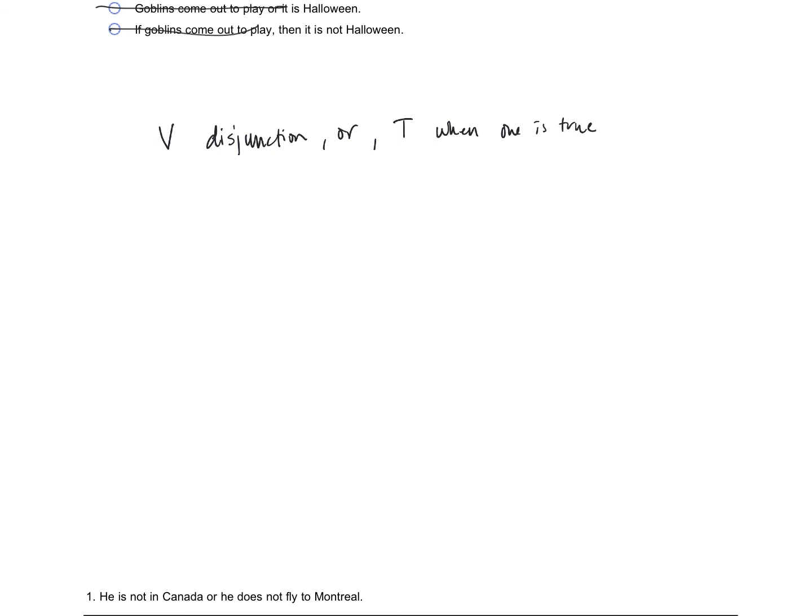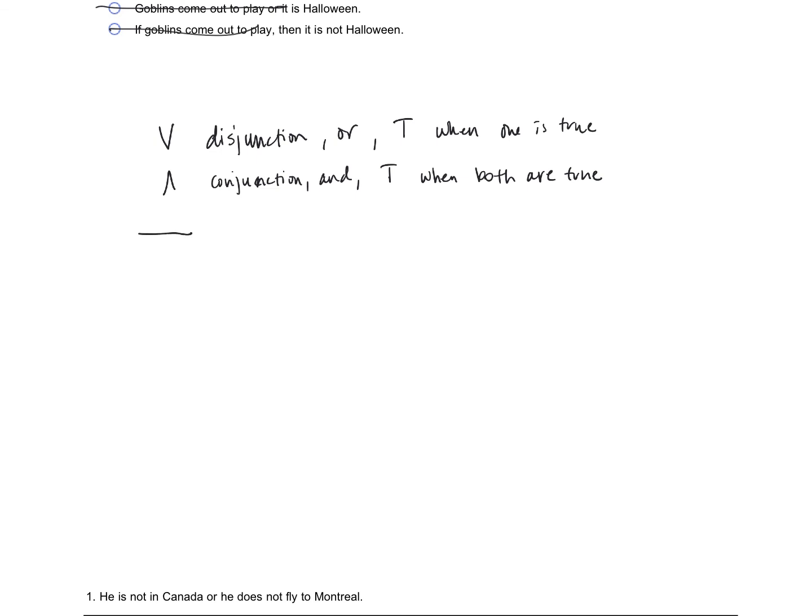So if one of the statements are true, then the compound statement is true. This is a conjunction. It's an and, this is true when both statements are true. So both statements in the conjunction must be true for the compound statement to be true.